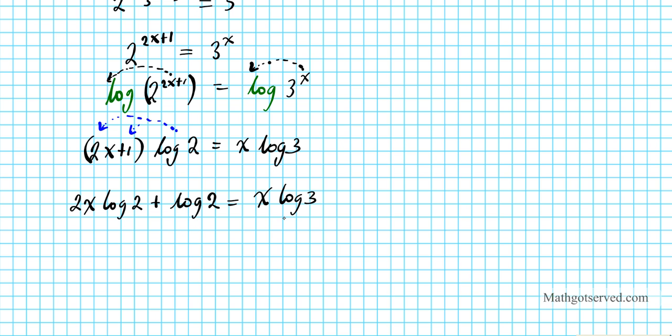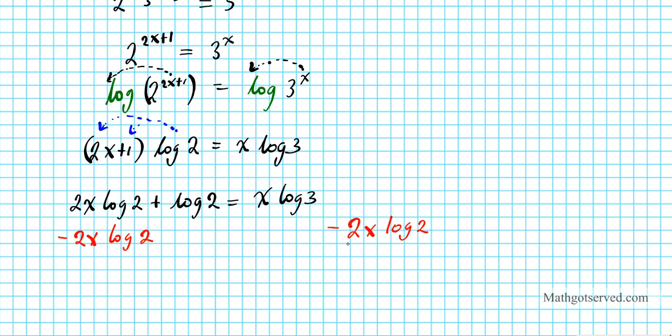Now I want to collect all my logarithms with x coefficients on one side, so let me move them to the right side. I'm going to subtract 2x log 2 from both sides, since there's already an x log 3 over here. I cannot combine it with that because they have different logarithmic arguments.